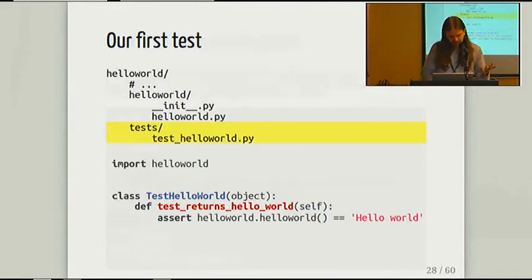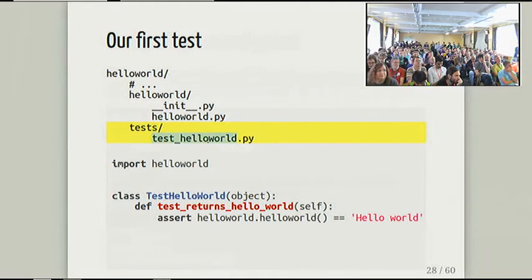So saving this file, this is our structure now. We are writing our first test now. So creating a new folder, a tests folder, create a new file, test_helloworld. The usual pattern is to do test underscore and the name of the file that you are testing. In this case, we're testing helloworld.py, so test_helloworld.py.